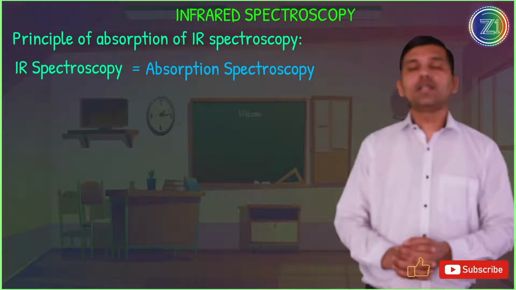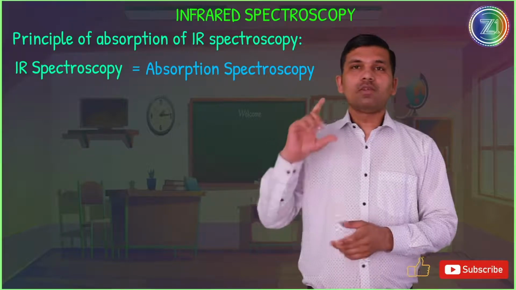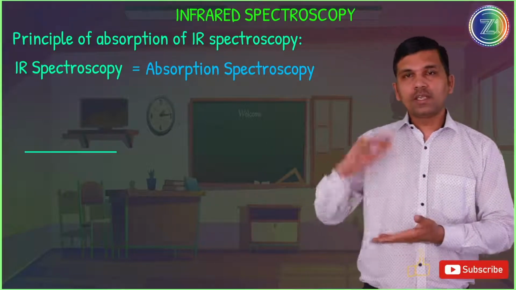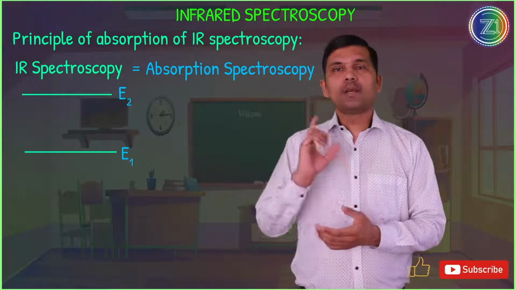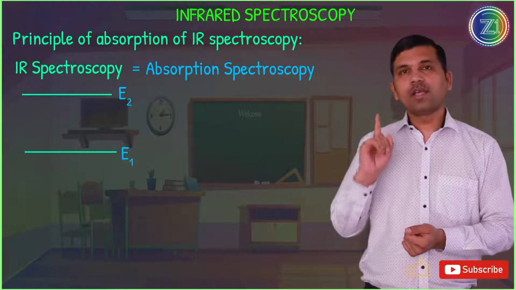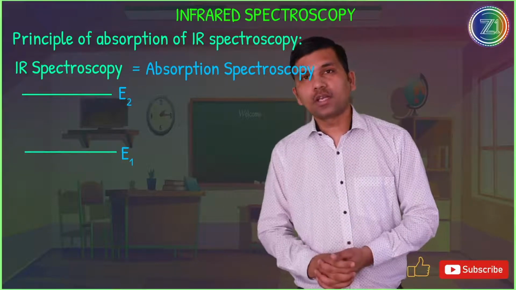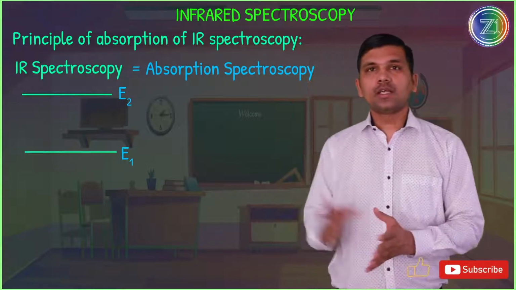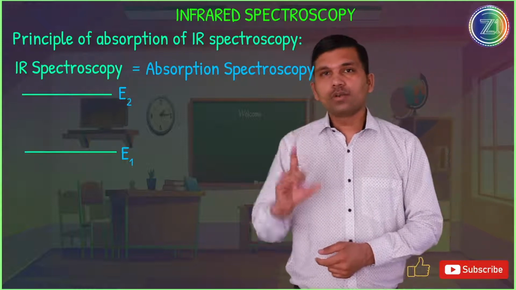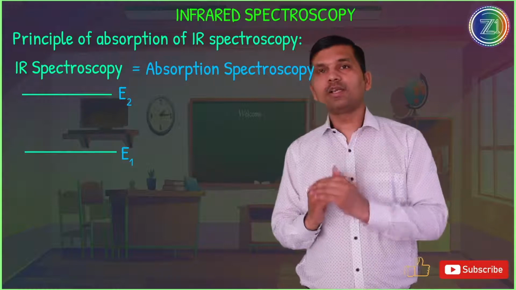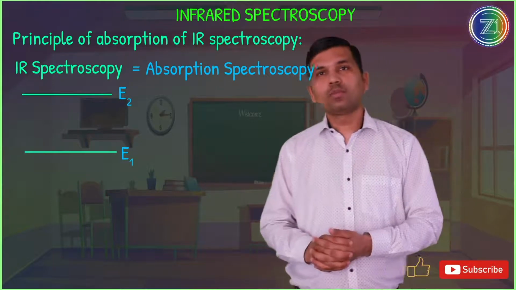That means there is absorption of IR radiations, and there will be two energy levels: one is lower energy and the second is higher energy. But the energy level here is the vibrational energy level, not the electronic energy level, because we are going to use an energy difference of around 40 kilojoules per mole.